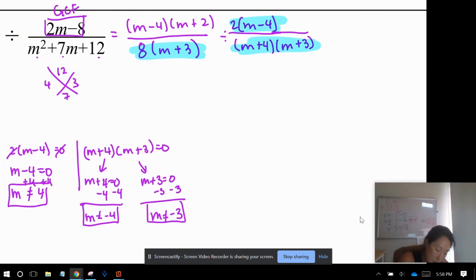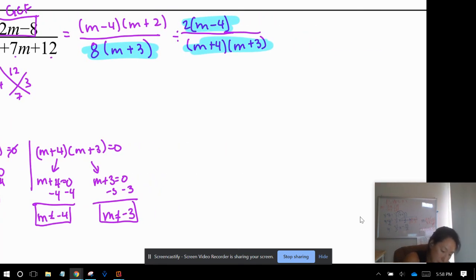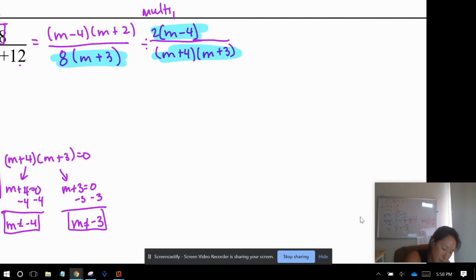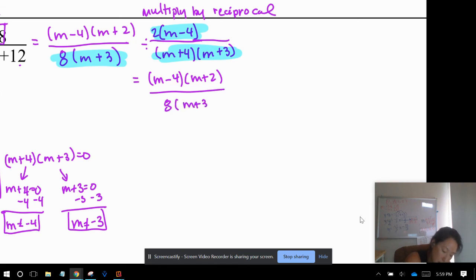All right, now we get to simplify the fun stuff. When I divide fractions, I'm going to multiply by the reciprocal. That's basically us clearing the denominator in our fraction. So I'm going to write m minus 4 times m plus 2 over 8 times m plus 3.